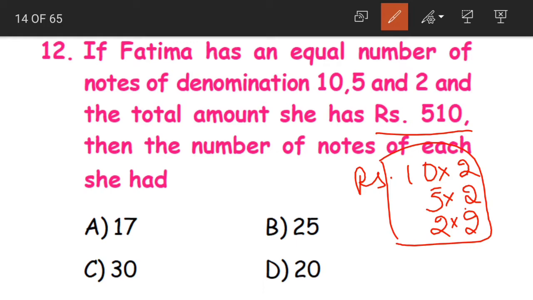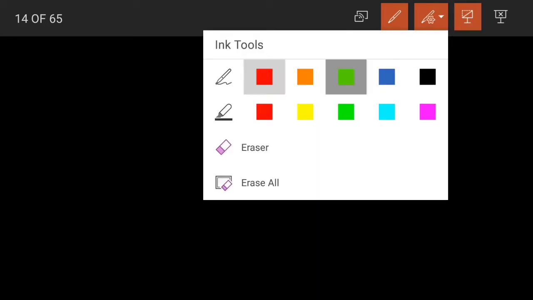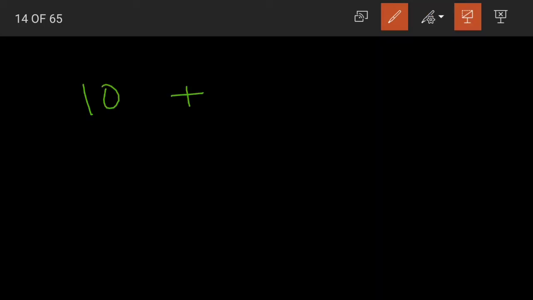The number is the same here. Or else, suppose she has three 10 rupee notes, then she has three 5 rupee notes and three 2 rupee notes. Clear? So what can we understand from this? The number of notes she has of each denomination is equal. 10, 5 plus 2 is equal to 510.